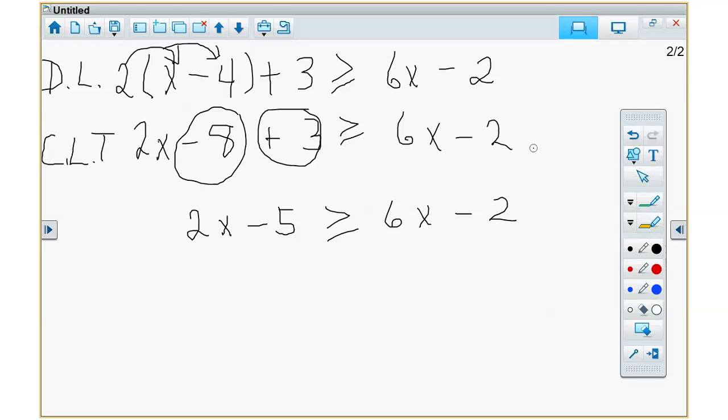You mean you could bring it over here if you wanted to and make it add to. That's fine. You can do that. But I'm doing it step by step. That would be -5 plus 2 is a -3. So you should get a -3. That's what you should get.